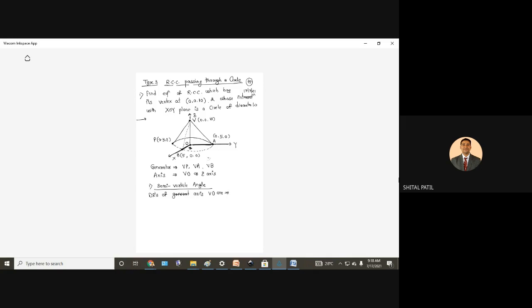See, the coordinates of the origin are (0, 0, 0) and the coordinates of V are (0, 0, 10). So 0 minus 0, 0 minus 0, and 10 minus 0, that is (0, 0, 10). These are the direction ratios of the axis. Then VA is a generator, or you can consider VB, it doesn't matter.